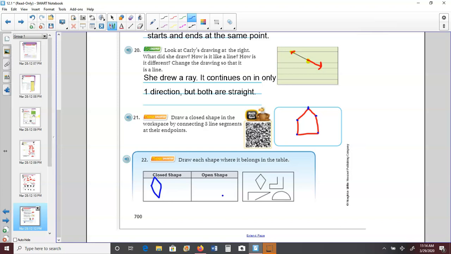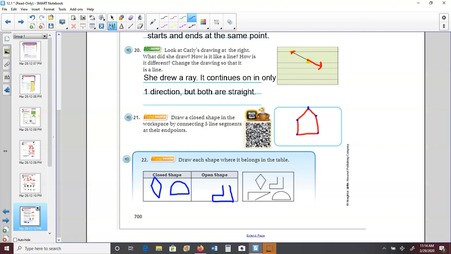I'm going to look for another closed shape. It looks like this one here is a half circle. So I'm going to draw that in my closed shapes because it is connected. And then I see 2 open shapes. So I'm going to draw the one that kind of looks like, I don't know, a boot or a shoe or something, part of a figure's leg.